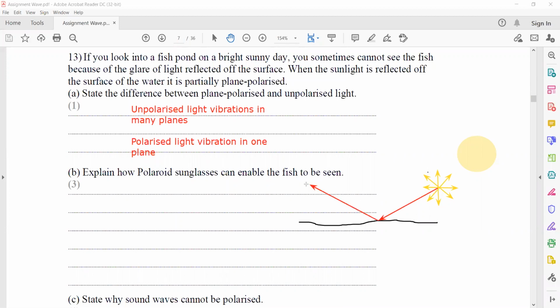Some of the light is reflected, and some of the light is refracted. And we have a polarizing filter, the sunglasses, and only one component they allow.